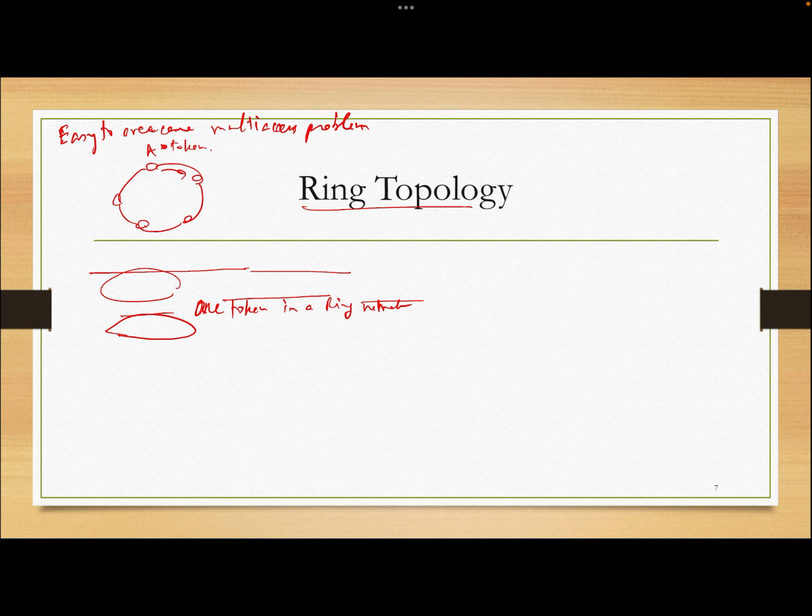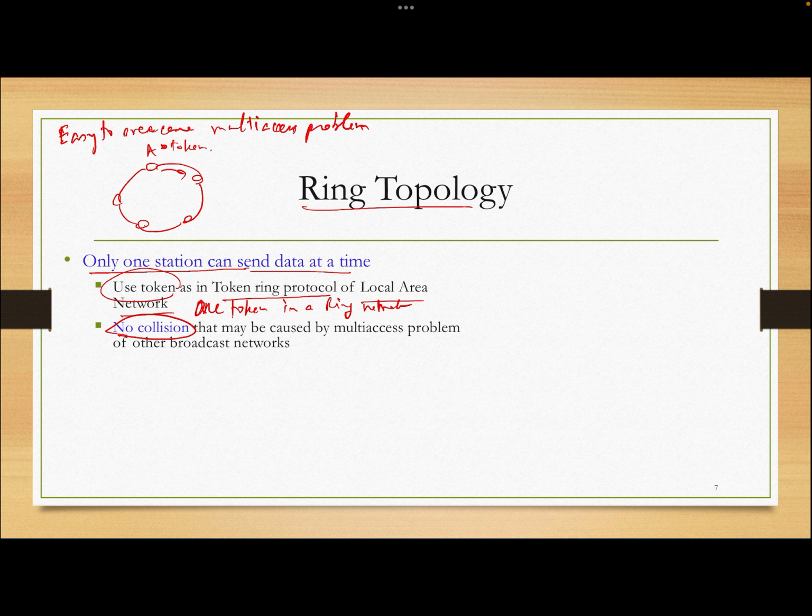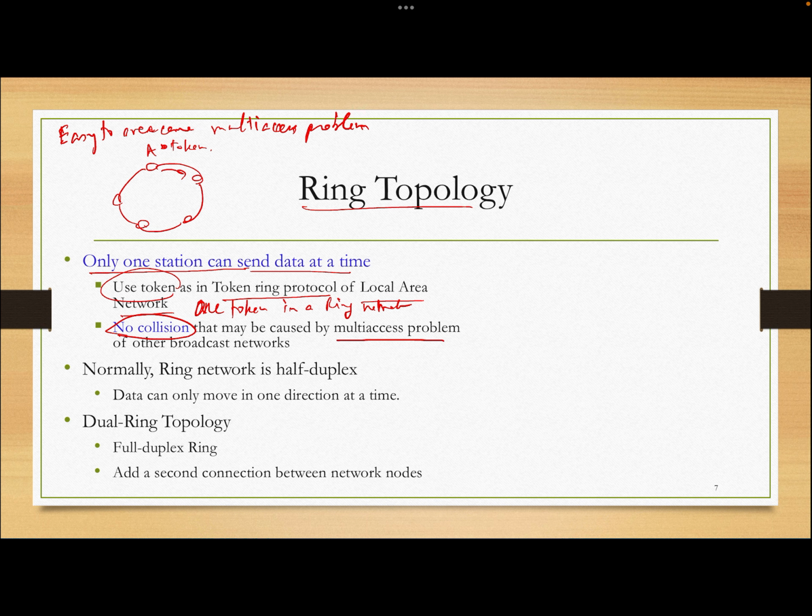If you finish sending, you pass the token to the other node, and then they can send. So there is no collision, and you can overcome the multi-access problem more easily than in other broadcast networks.